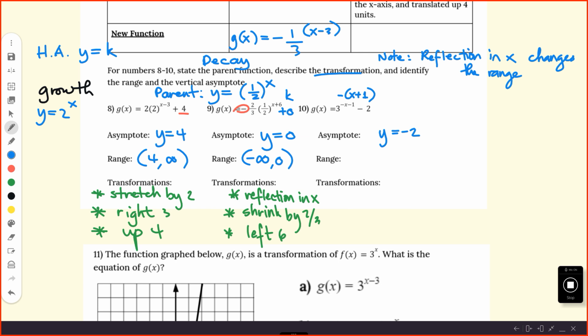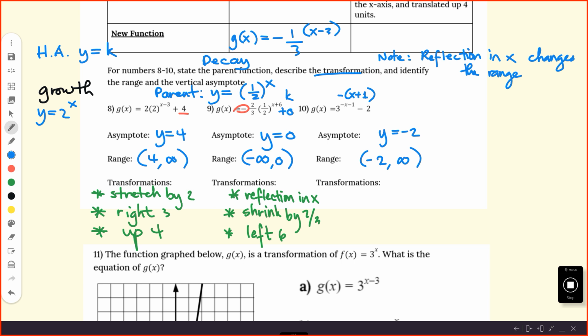Negative 2 to infinity. Why? Because it flipped in the y. Only the reflection in x changes the range. Because if you flip the graph over the y, the range will still start with negative 2 because the asymptote is y equals negative 2. So it's not going to change the range. So negative 2 to infinity.